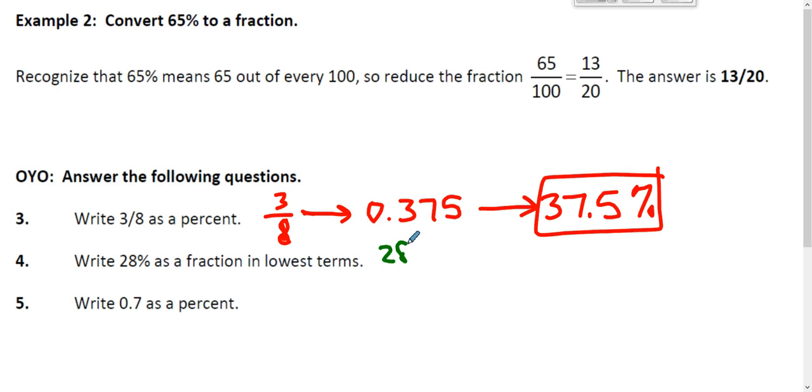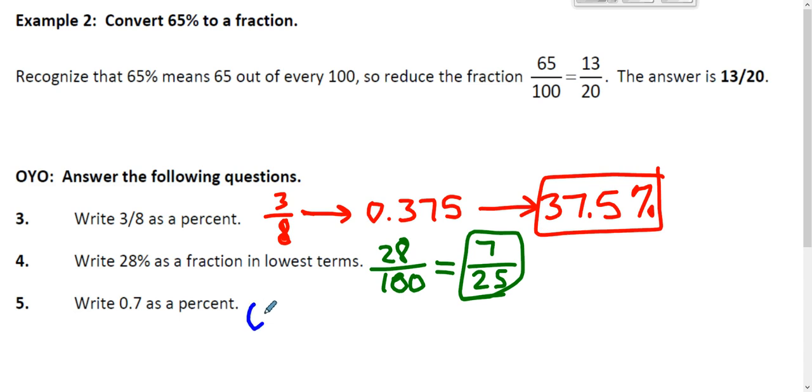Well, percent means out of 100. So then we divide by 4 and divide by 4. And then 0.7 as a percent. That's just this jump. 0.7, we kick that over 2 places. It's 70%.